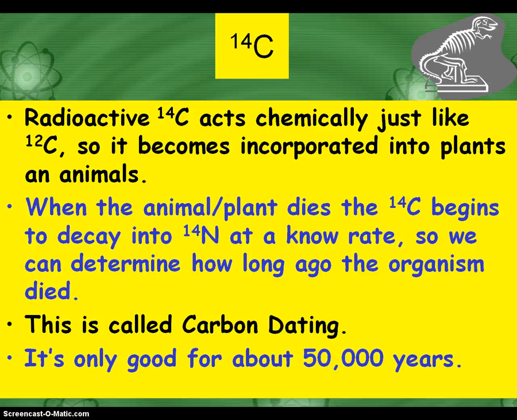So by looking at the number of carbon 14 atoms we have versus the number of nitrogen 14 atoms in a sample, so this is undergoing beta decay, we can then use the half-life of that carbon 14 to determine how old some organism or some fossil sample that we have discovered is.